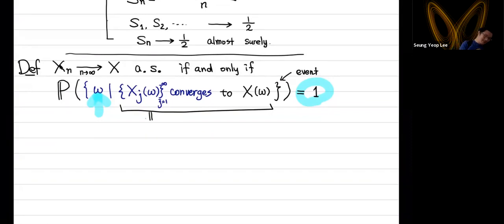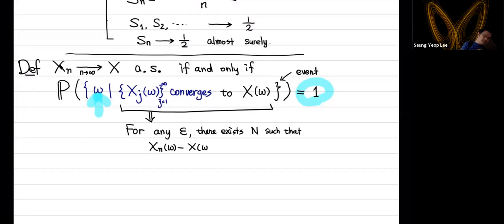What this means is, for any epsilon, there exists N, such that the distance of Xn of omega from the limit X of omega is smaller than epsilon for all n after capital N. You give me any small number, I can give you a large number N. That's exactly the same statement.